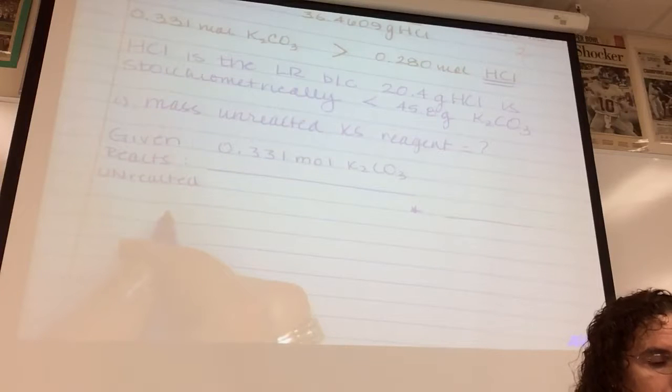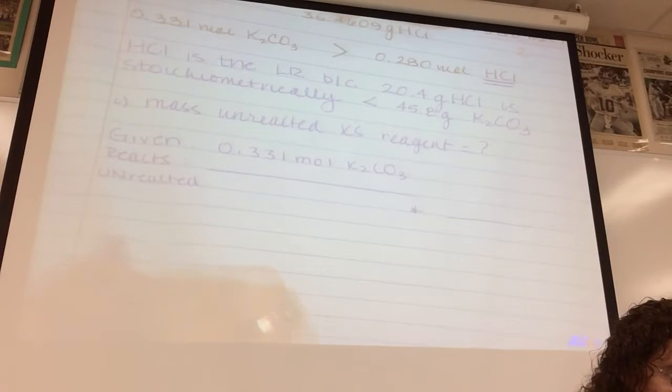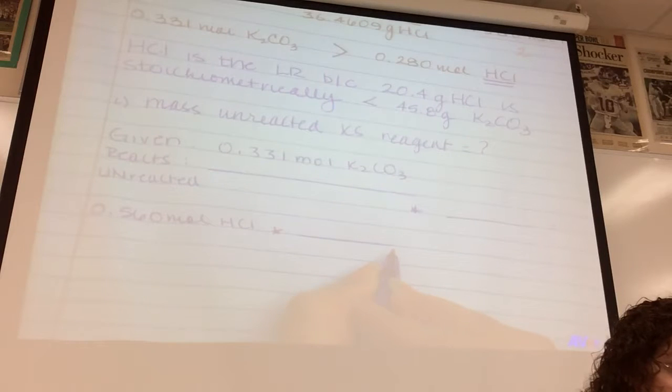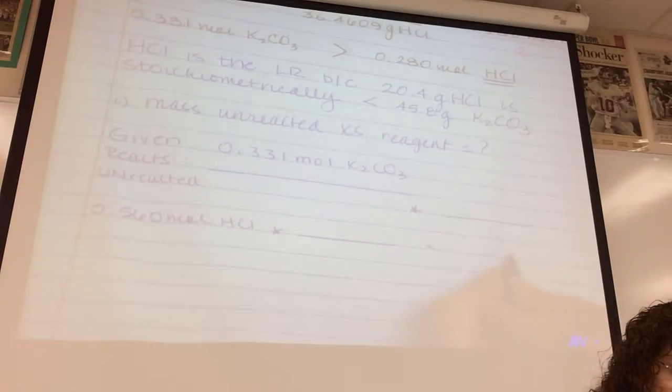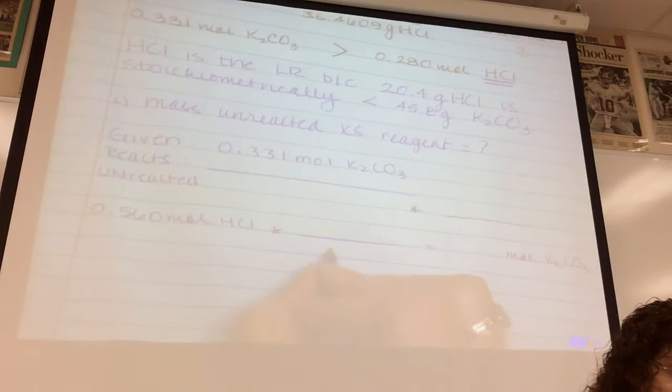Taking the HCl, if you go back to the limiting reagent here, you have 0.560 moles of HCl. That's the limiting reagent, so you always start with that. If you figure out how many moles of potassium carbonate react with that given here, you are correct, because in this case you're going to have 2 moles here and 1 mole here.